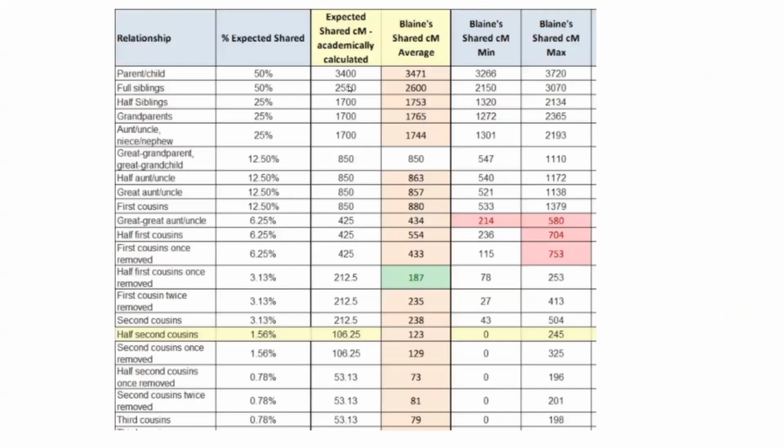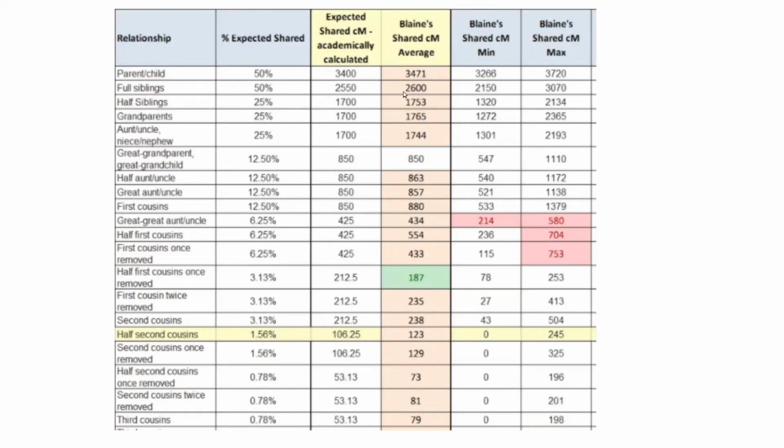So this is the expected level. What is it we actually get when we do the analysis? Blaine Bettinger, who's a well-known specialist in DNA, got hundreds of thousands of people to submit their known relationships and the level of linkage that they got. For a full sibling, theoretically 2550.